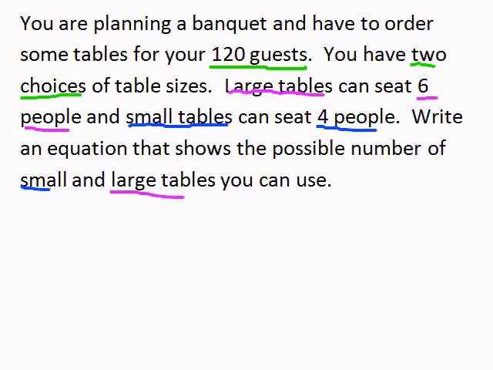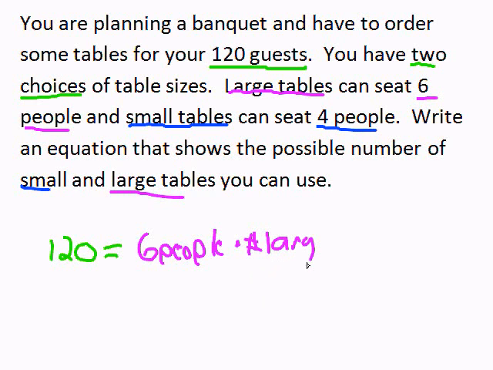My 120 guests have to have some place to sit, which is going to be equal to some combination of small tables and large tables. The large tables can sit 6 people, so I'm going to go 6 people times the number of large tables, because each large table seats 6 people.